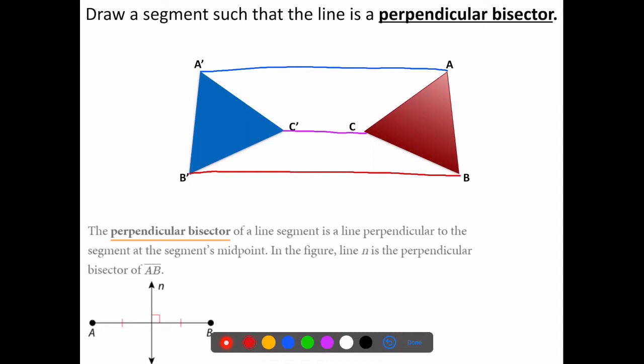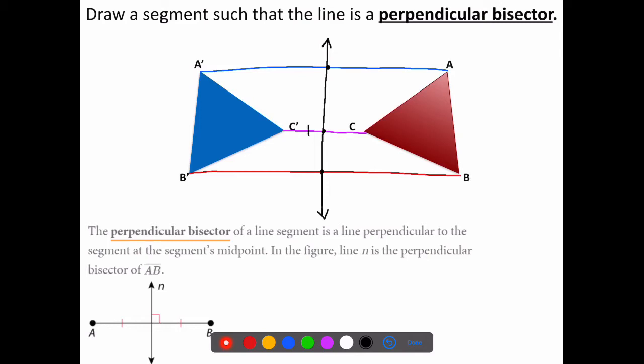Now, at this point, I would find the midpoint of each of these segments. So I'd find the midpoint of A prime, B prime, and C prime. Once I find the midpoint of all of these, that will be in the middle. Let me go ahead and make these points a little bit better. So it's going to be right in the middle here, and I know that it is bisecting each of these. So each of these will be congruent on either end.